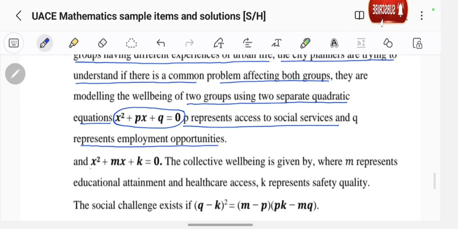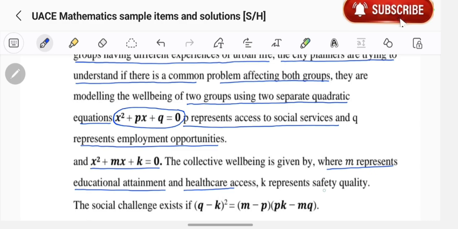Then we have the second equation. This one is dealing with collective well-being, where M represents education attainment and healthcare access.